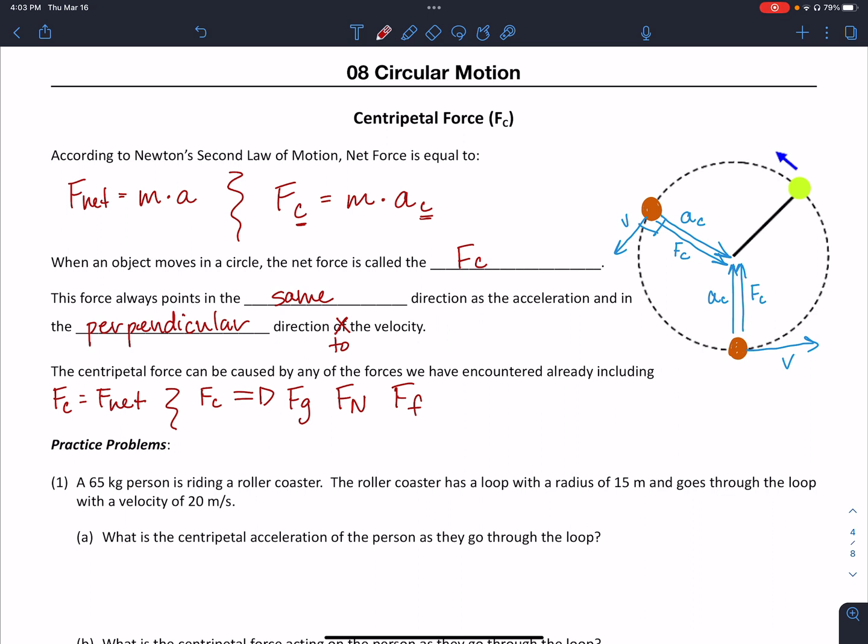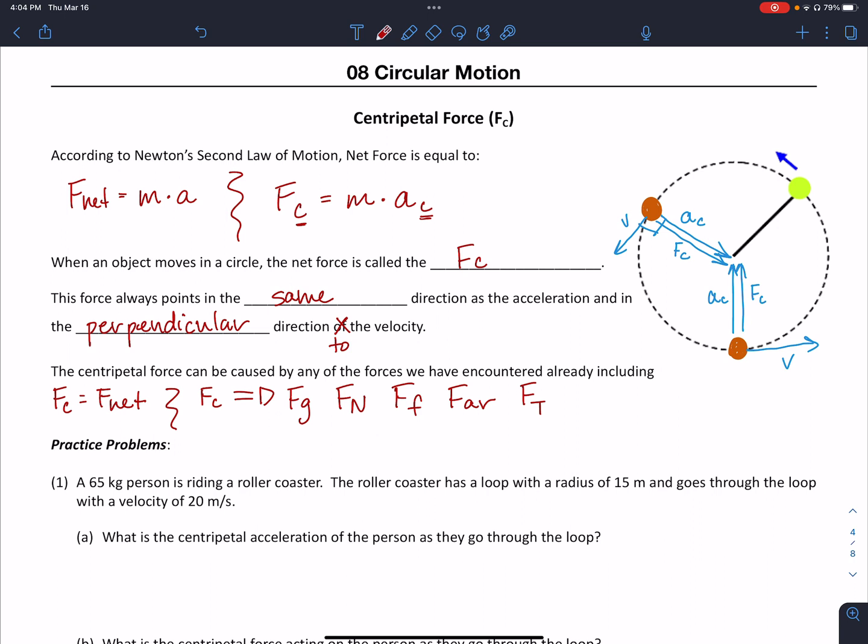And then just like friction, we could also have air resistance if something's moving in a circular path but in the air. And then finally, just like our tennis ball, we could have a string attached. Someone standing in the center of a circle, a string attached to a tennis ball, they spin it over their heads. It's the tension force between that string and the ball that causes that centripetal or center facing force and acceleration.